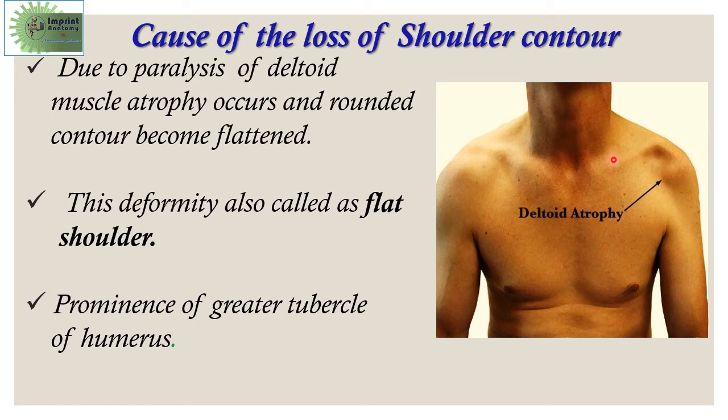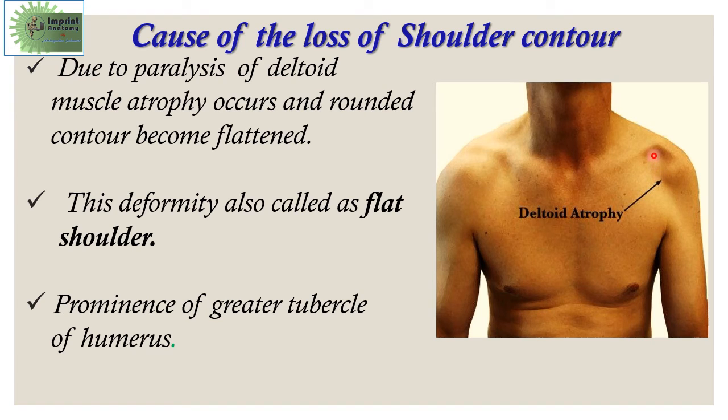This deformity you can compare: this is the right one and this is the left one. This is the shoulder contour on the normal side, and this is the injury or the deltoid atrophy. You can see clearly over there.